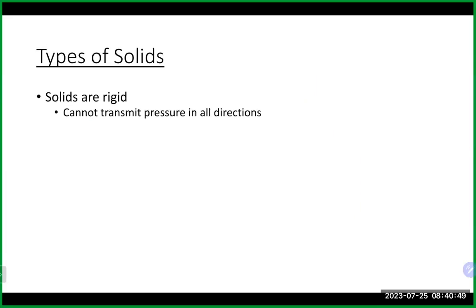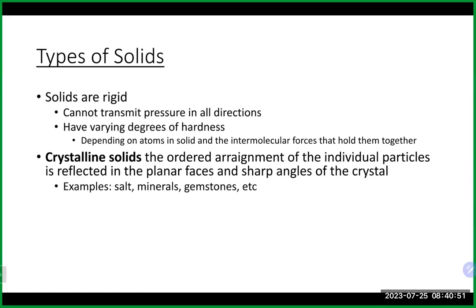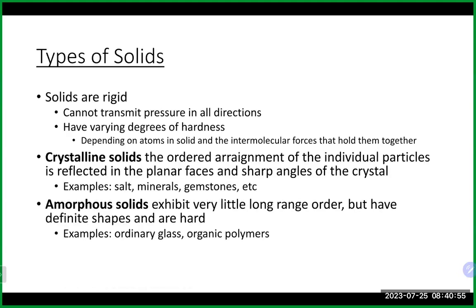All right, so now that we talked about liquids, we're going to talk a little bit about solids and some different types of solids and how solids come together in the solid phase. Solids are rigid. In most cases, solids pack into each other pretty tight. There's not a lot of room for movement, which is why they are rigid.